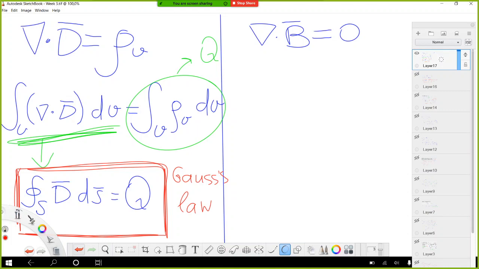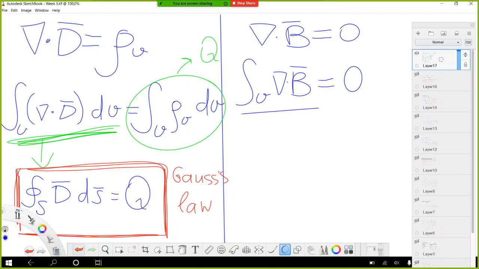Okay, and finally, if we look at the final equation, let's apply the volume integral of the divergence of B, which is equal to 0.